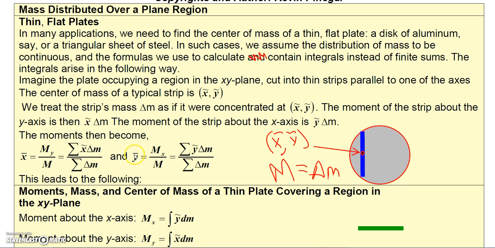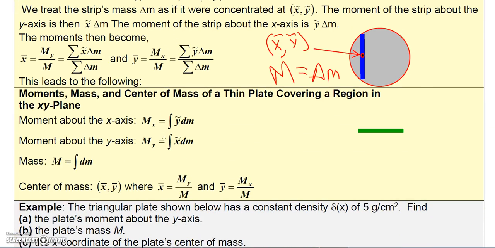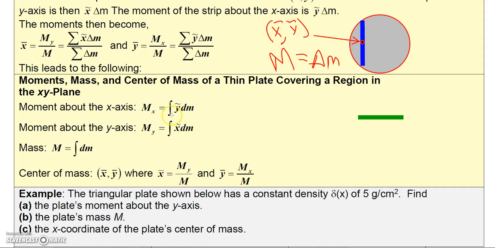The y value of the center of mass would be the moment about the x-axis divided by the mass. That would be the sum of all of the y tildes times delta m divided by the sum of delta m. But since we can't do a finite sum, we have to do an infinite sum, so that requires the integral. We use integrals to define them.